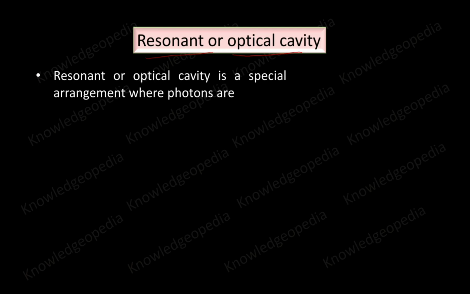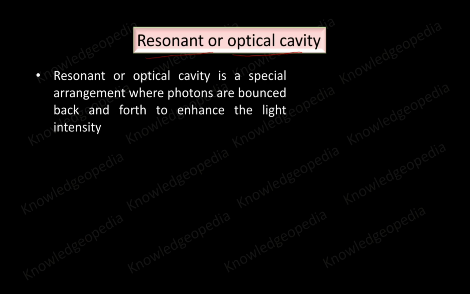The next concept I am going to discuss is resonant cavity or optical cavity. This is a very important concept for this laser. This resonant cavity or optical cavity is a special arrangement where photons are bounced back and forth to enhance the light intensity.